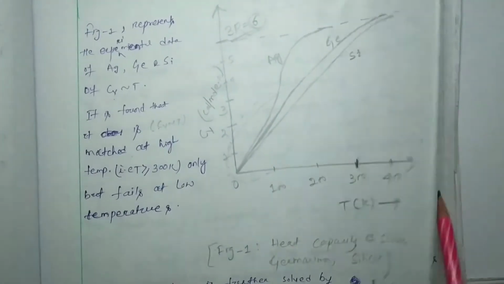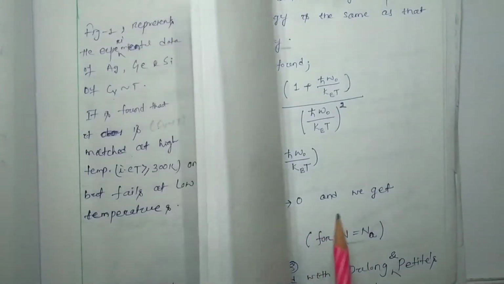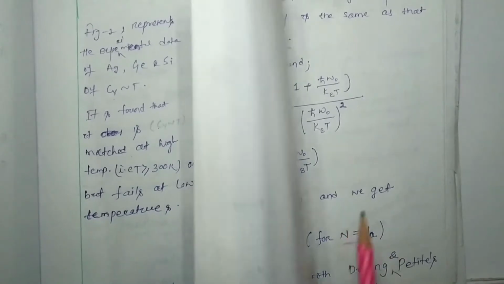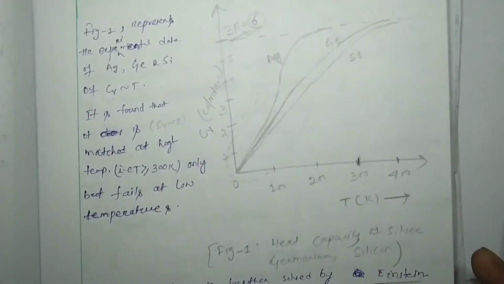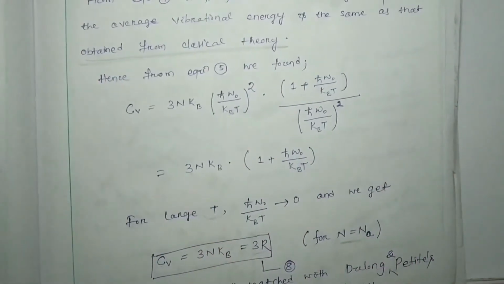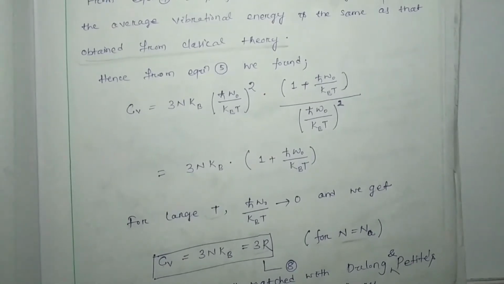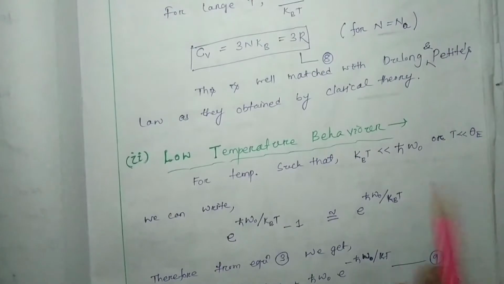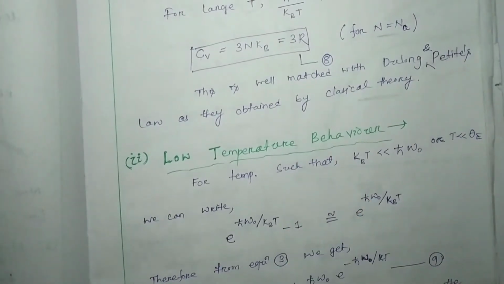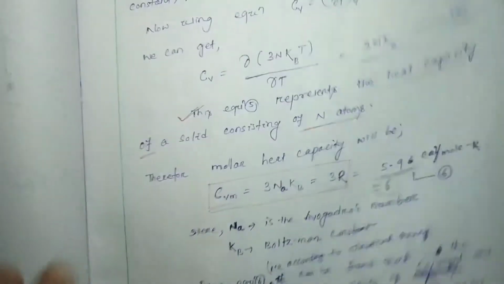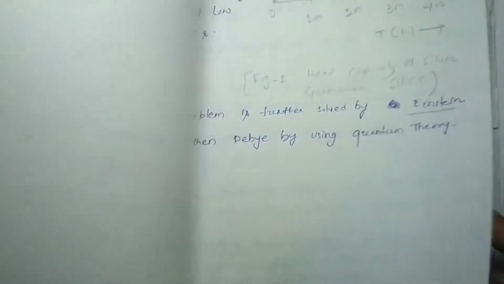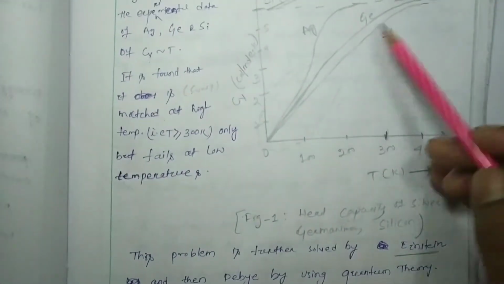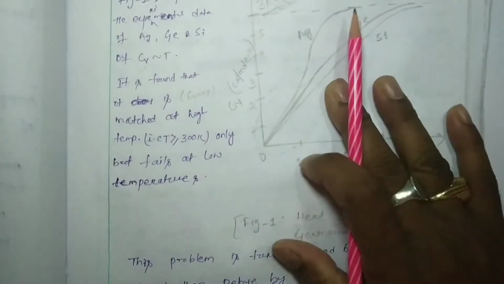So the Einstein theory is a modified version of the classical theory. The Einstein model explained it up to some extent. Up to what extent, we are going to discuss. But the Einstein theory did not fully explain the very low temperature behavior.